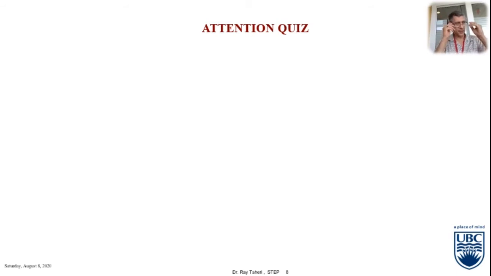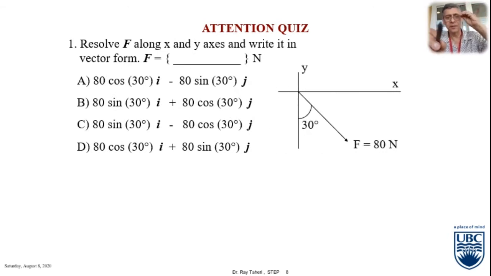Let's have a simple quiz. I call it attention quiz. Here, resolve F along x and y and write it in vector form. So here is what we get. We have F of 80 Newton, and here is 30 degrees.